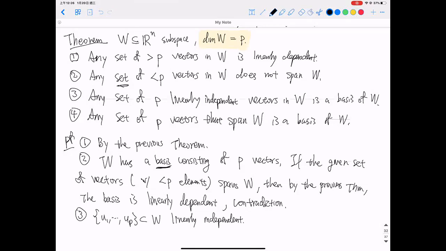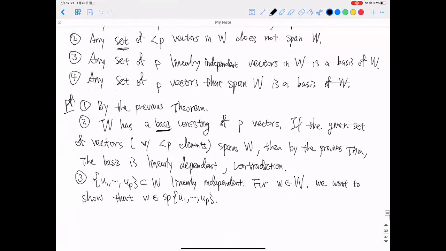Then what we want to show is that it spans W. So let's take an arbitrary element little w from big W. We want to show that little w belongs to the span of these U's. Okay.